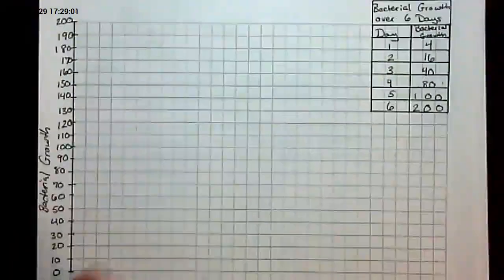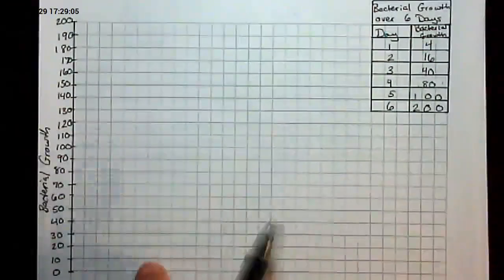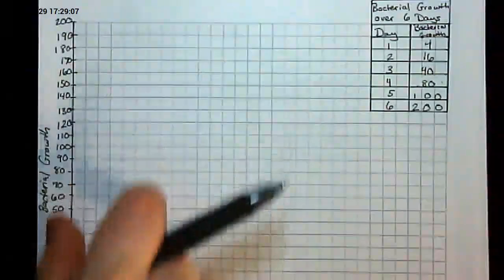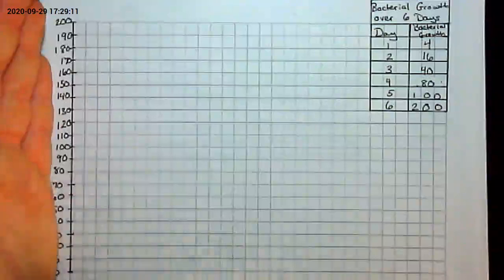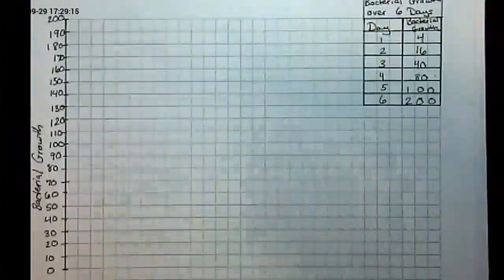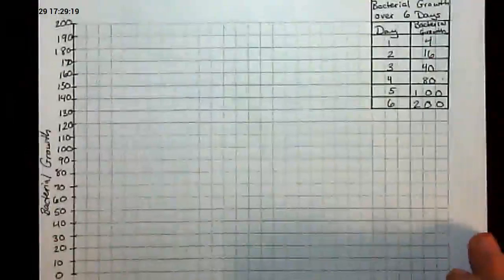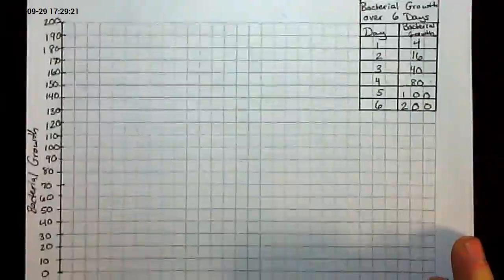Because if we just go by each tick mark, 1, 2, 3, 4, 5, 6, our graph is just going to be this space right here. It's going to be that big, and it's going to look like a big old straight up line where we can't get a good glimpse of how the data was distributed, or how it should be represented.